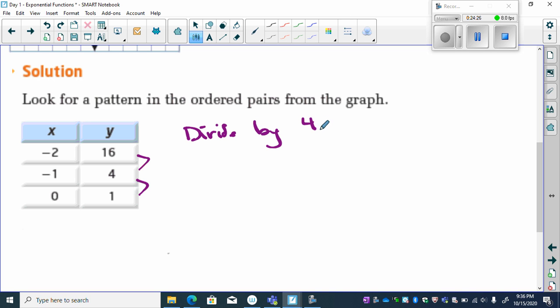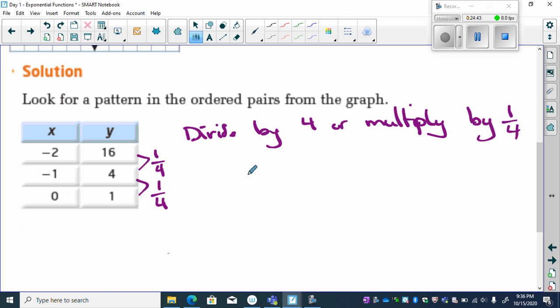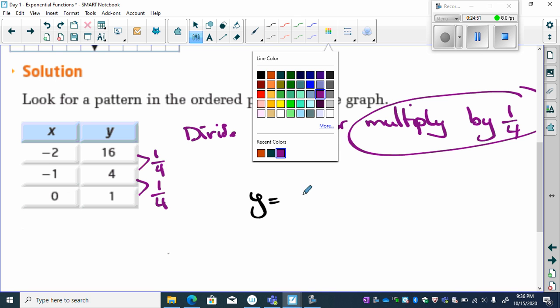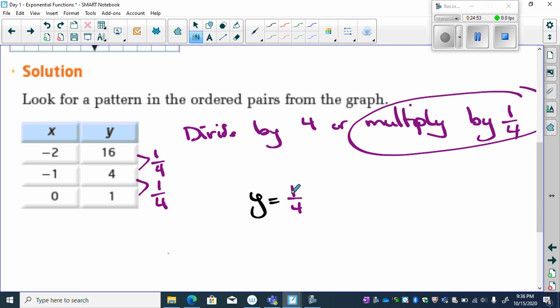That's true, but dividing by 4 is the same as multiplying by 1/4. Okay? And that's what we got to use here. We got to use this number, the 1/4. So my equation should be y equals 1/4 to the power of x.